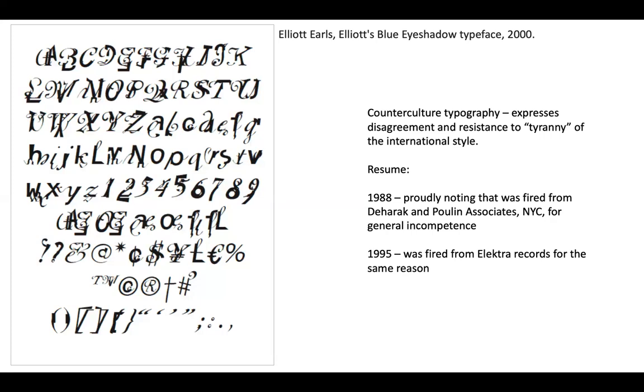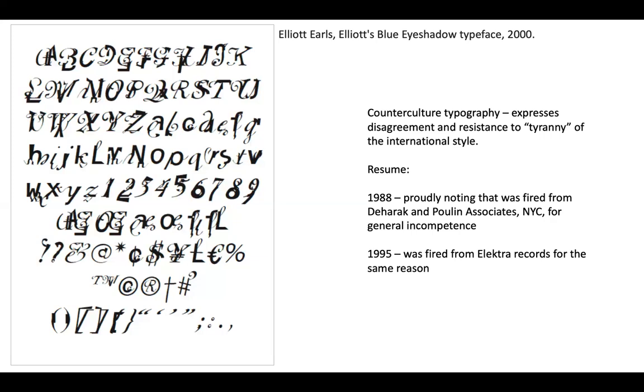In his resume, he actually noted that on two occasions he had been fired from a company. He had been fired from Harak and Pauline Associates in New York for general incompetence. When he was looking for a job, he put that in his resume. And then he said in 1995, he was fired from Elektra Records for the same reason.